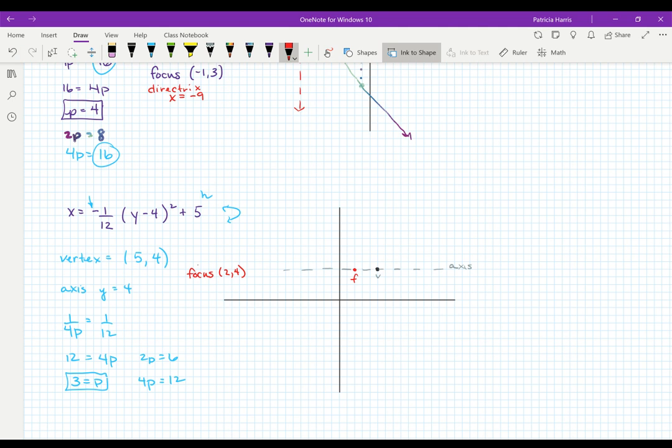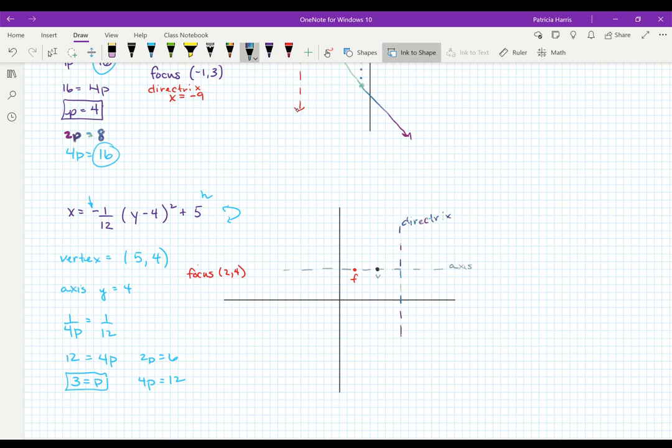Now let's go back to the vertex and find my directrix. We're going to go right this time. 1, 2, 3, and that's it. Now where's that directrix?